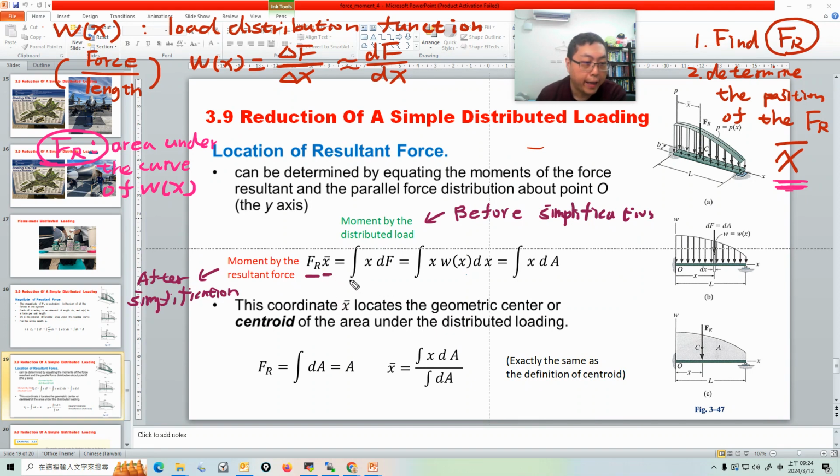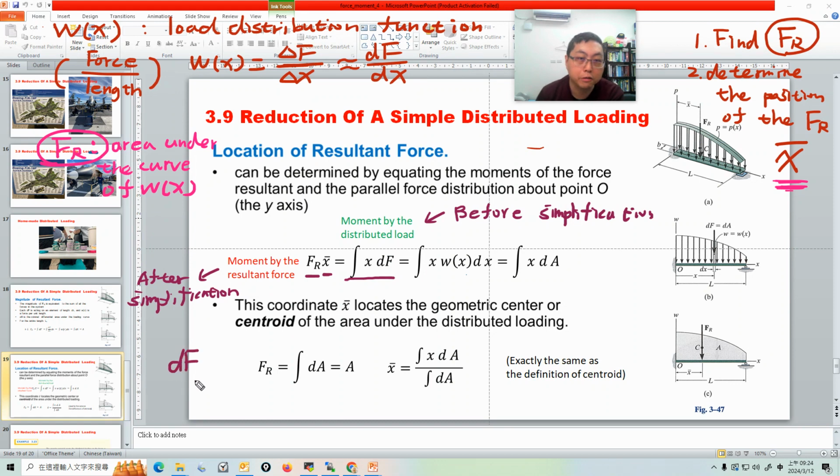And this term here is the moment by the distributed load. Like I previously said, there is a tiny force acting on the beam, pointing downwards. The moment caused by the distributed load comes from the tiny force.